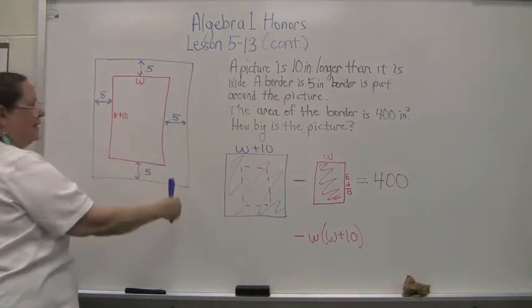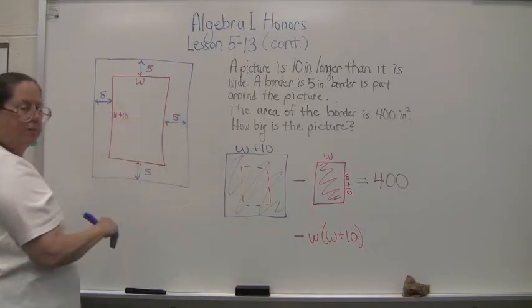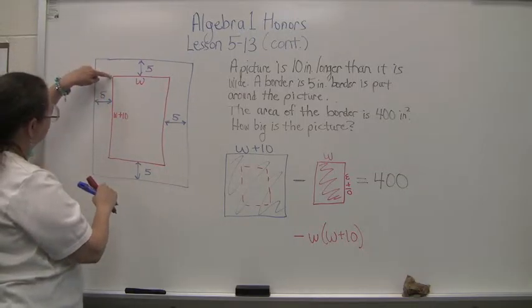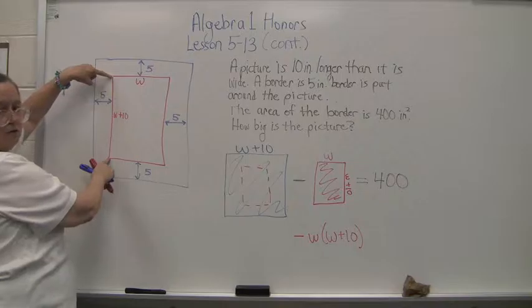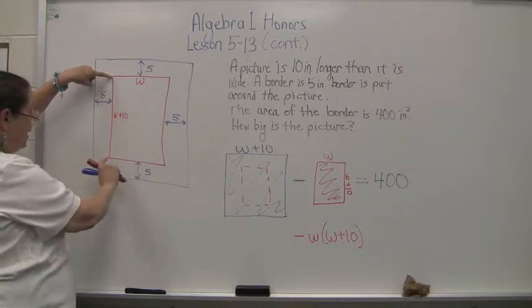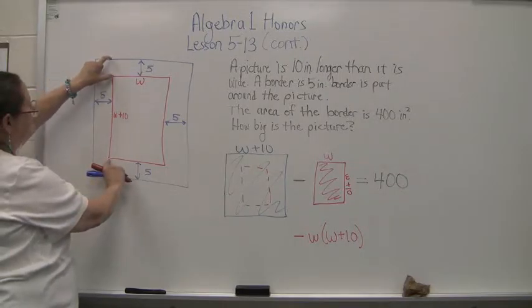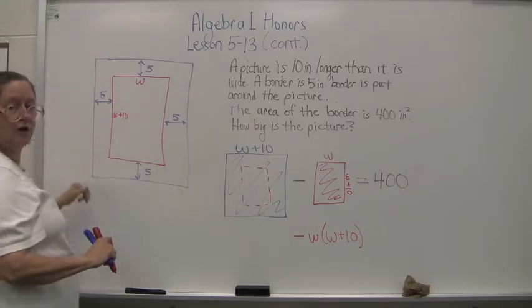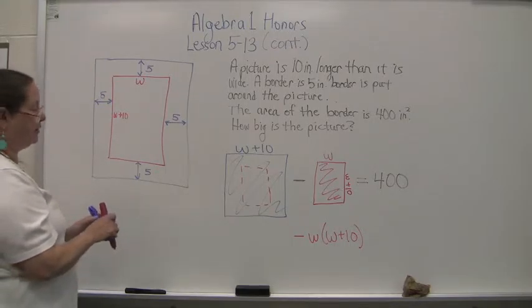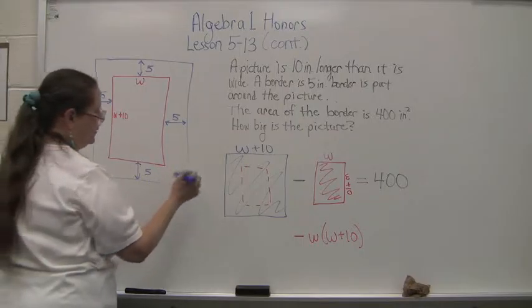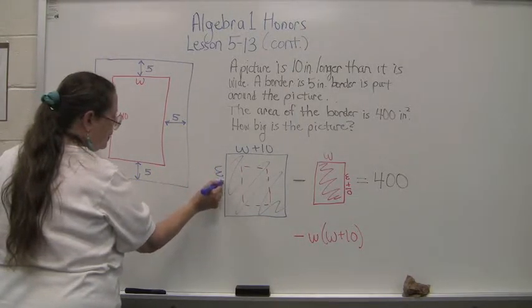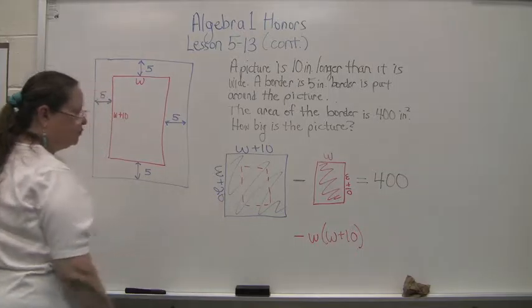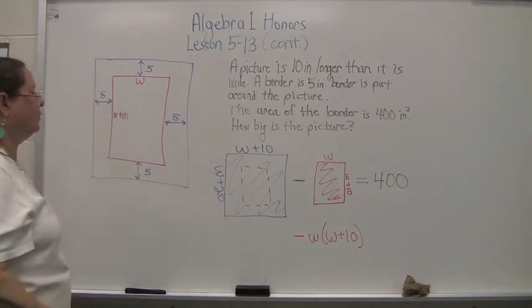Okay, now how about the length? The length of the blue rectangle. Well, from here to here, we already know is W plus 10. I add another 5 here and another 5 here. So W plus 10 plus 5 plus 5 is W plus 20. So going down this way, the length of our blue rectangle is W plus 20.